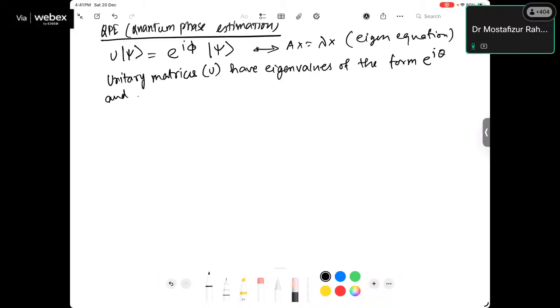And they have eigenvectors that form an orthonormal basis. All the eigenvectors of a unitary matrix form an orthonormal basis set, right?